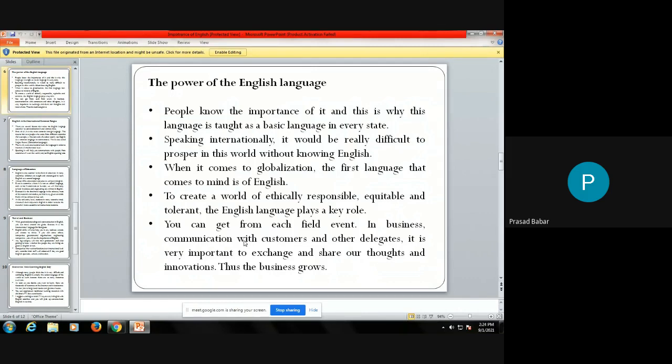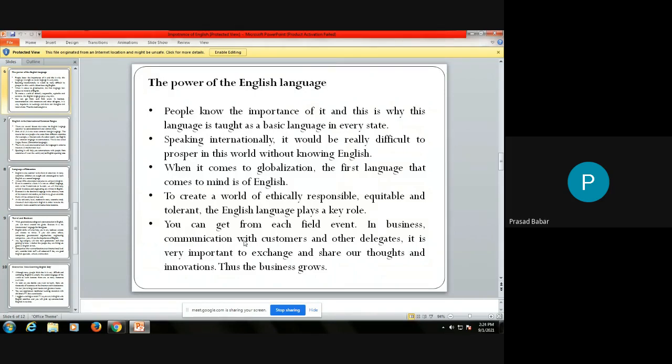People are aware of the importance of this language, and that is why it is taught as a basic language in each and every state.